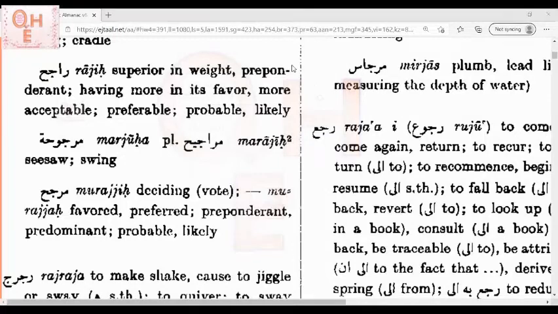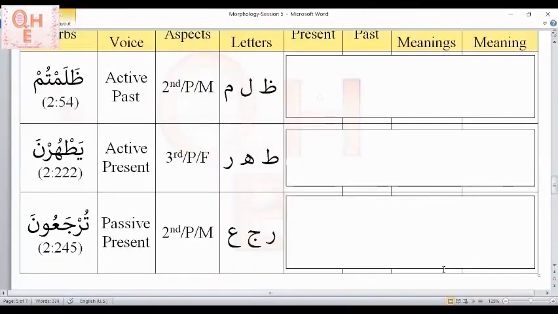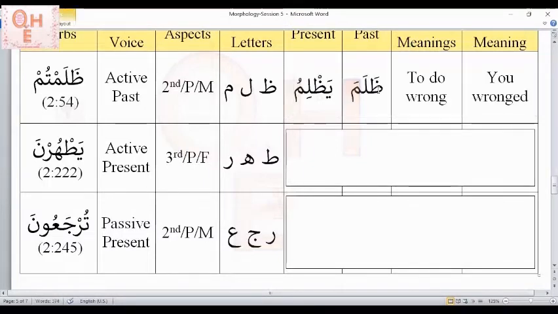Now let's go back to our table, inshallah. For ظ ل م, we already know what we got: ظلم, يظلم, and the base meaning was to do wrong.